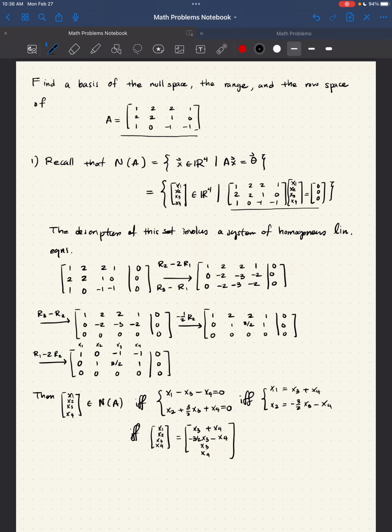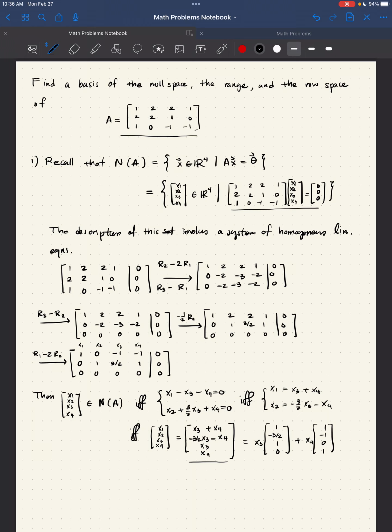And this is something that you have seen in terms of algebraic specifications. So now I'm going to decompose this vector into two terms. The first one, x3 times 1, negative 3/2, 1, 0, then followed by x4 times 1, negative 1, 0, 1.